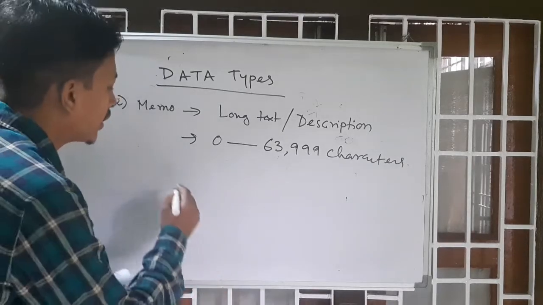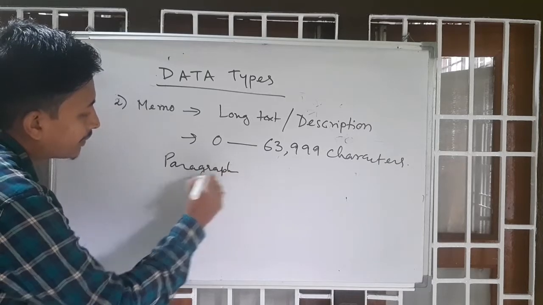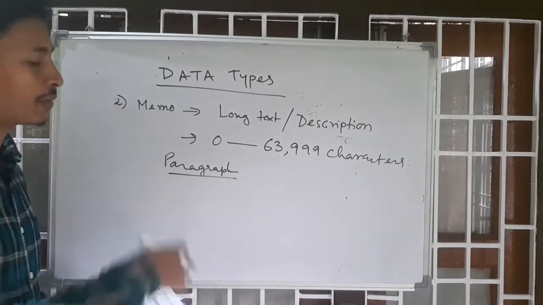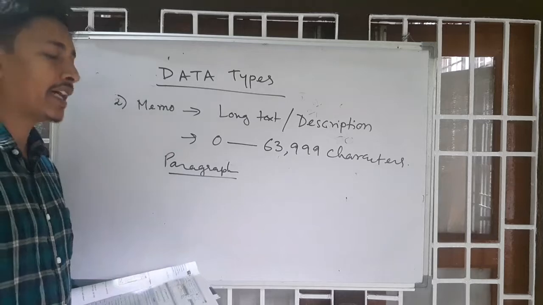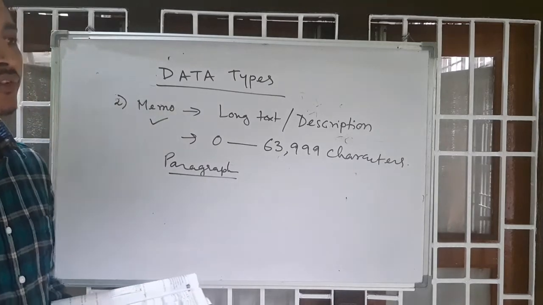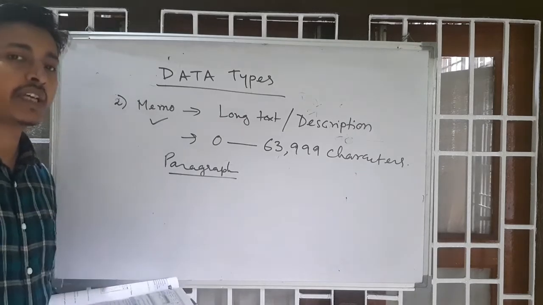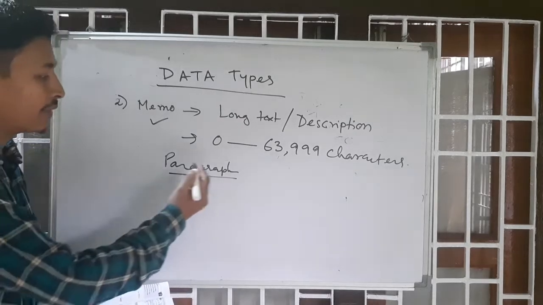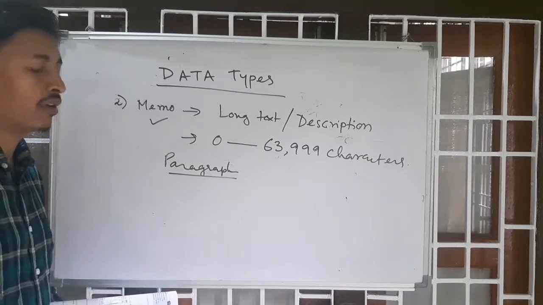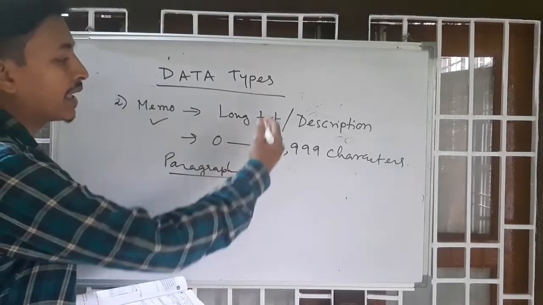For example, if you write a paragraph about any topic, at that time you have to use memo, not text. Text is only used for short descriptions like address or name. But if you write a paragraph or a letter, you have to use memo, because the memo range is bigger than text.